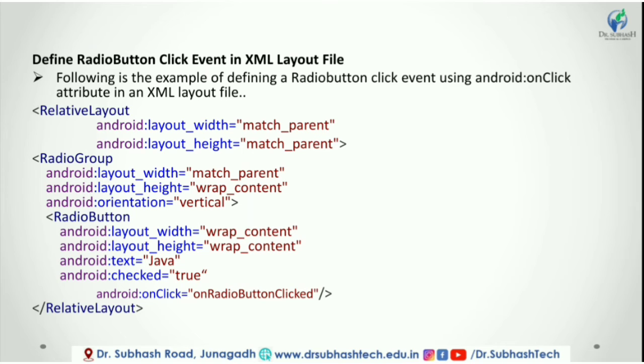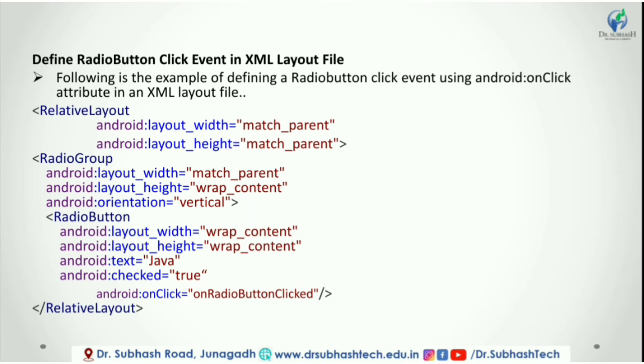We can define a click event handler for a button by adding the android:onClick attribute to the radio button element in our XML layout file. The value of the android:onClick attribute must be the name of the method which we need to call in response to a click event, and the activity file which is hosting the XML layout must implement the corresponding method.